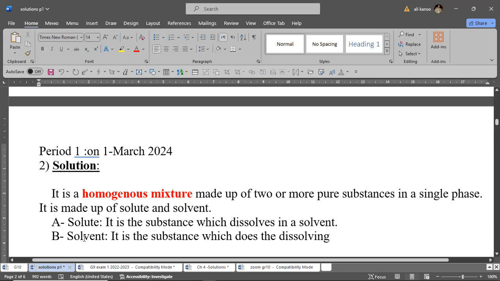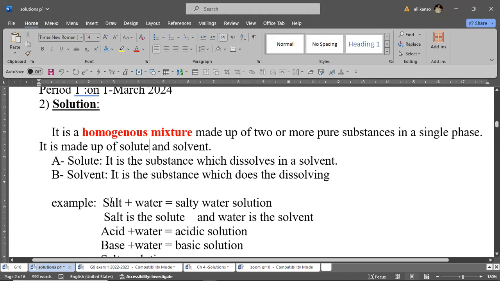What is a solvent? It's the substance that does the dissolving, that dissolves the solute. Example: if we dissolve some salt in water, salt will dissolve completely, so we get a salty water solution. Salt is the solute and water is the solvent.